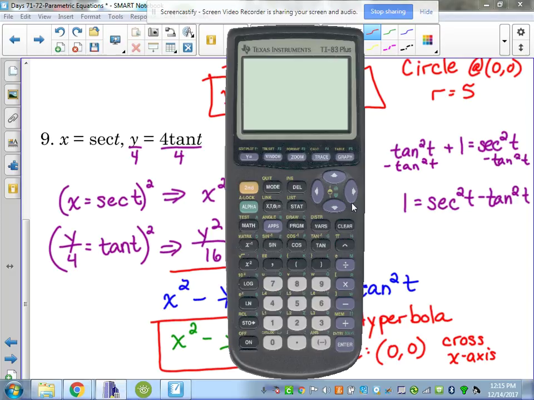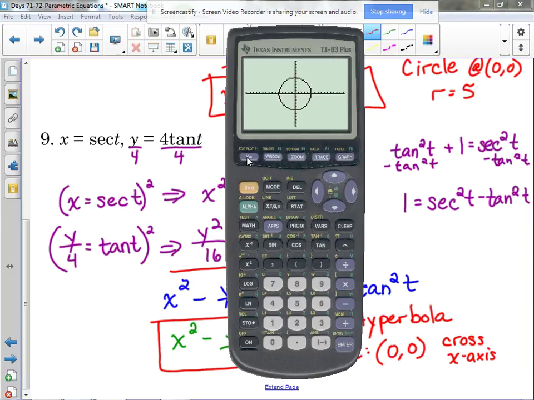So let's look at this graphed in parametric mode. Now, we don't have a button for secant. So what do? 1 over cosine. Secant is 1 over cosine. We do have a button for tangent. Okay, it graphs it kind of weird, not really the way that we're used to it graphing, but it does end up putting it in there.